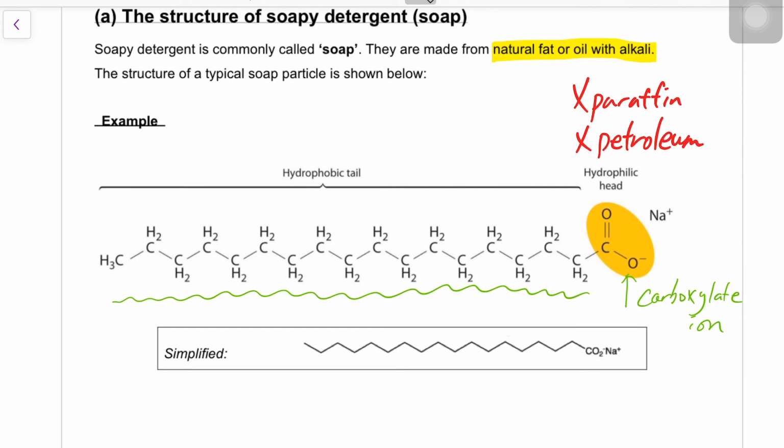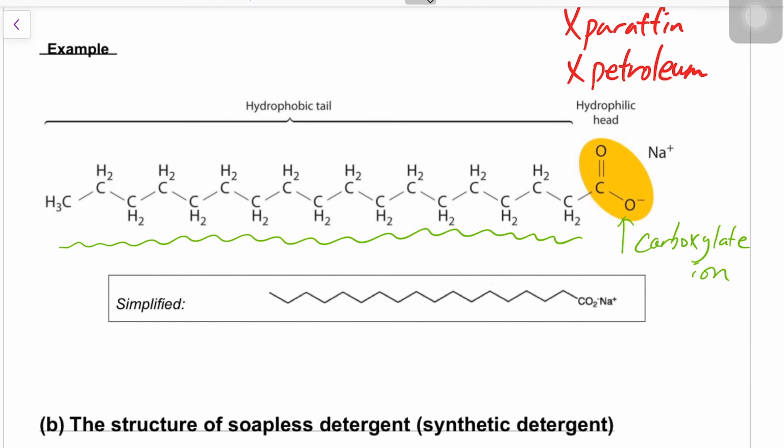After mixing the natural fat or oil with alkali, by alkali hydrolysis of ester, you will form this kind of substance. As I mentioned before, we have a hydrophobic tail, which is a long carbon chain, and a hydrophilic head, which carries charge. If it is a soapy detergent, if it comes from a natural source, then it will be a carboxylate ion. That means it carries negative charge.